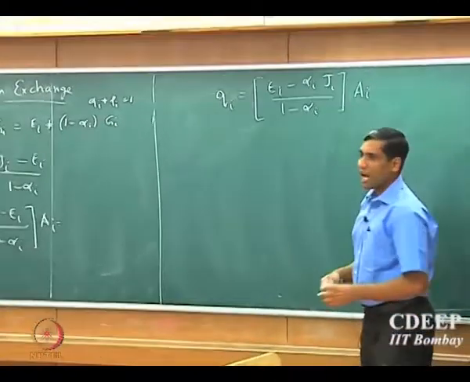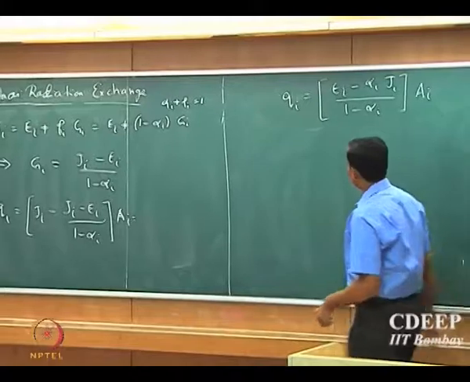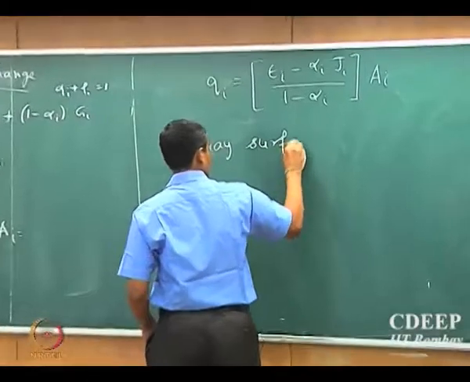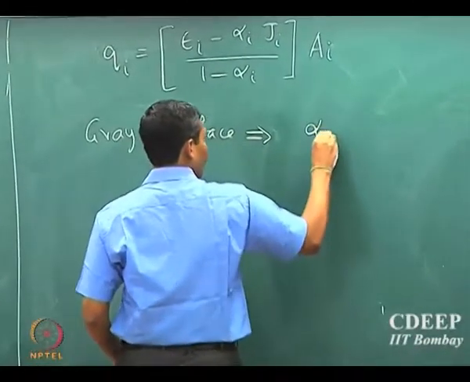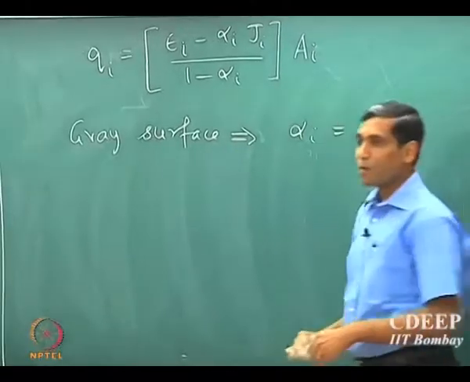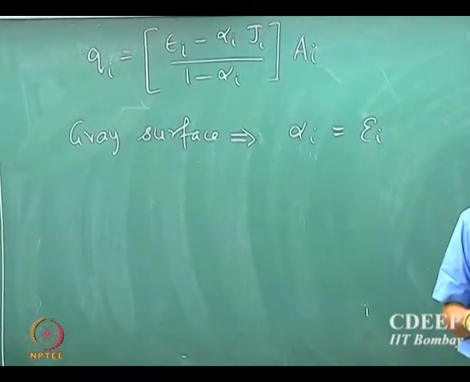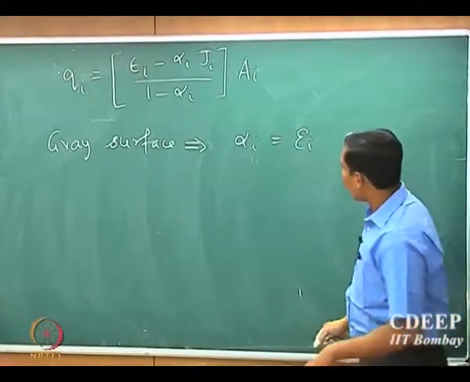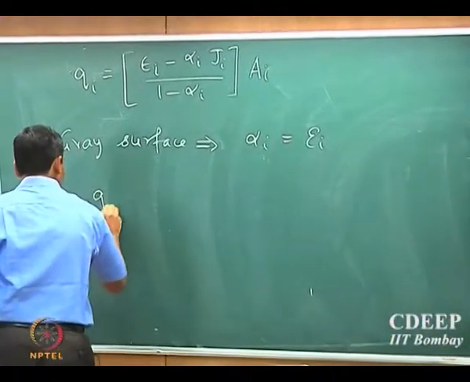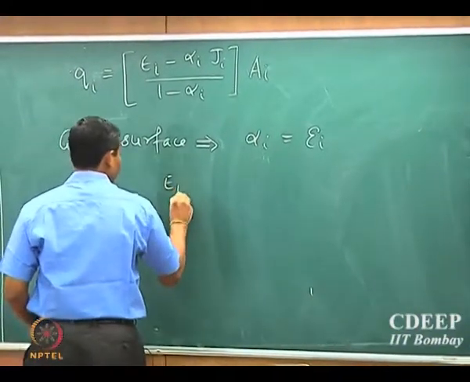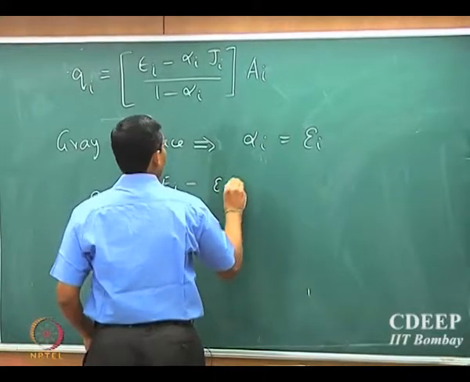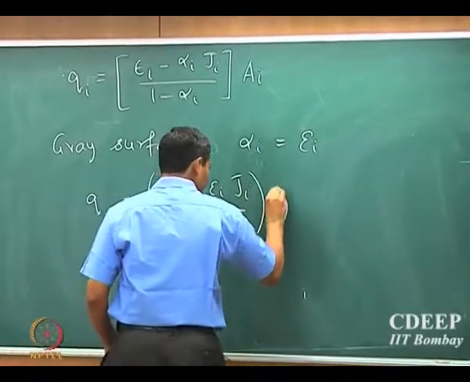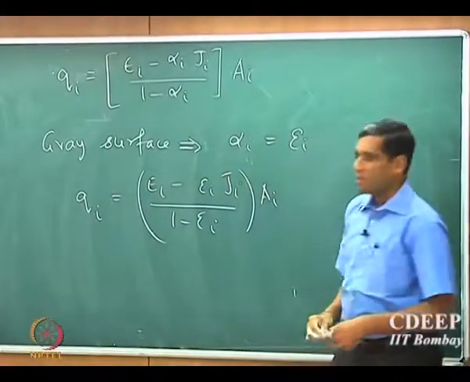We also said it's a gray surface, which means that absorptivity alpha I is equal to the emissivity of that surface in that particular range of wavelength. If we plug this in, Qi equals Ei minus epsilon I Ji divided by 1 minus epsilon I, multiplied by Ai.